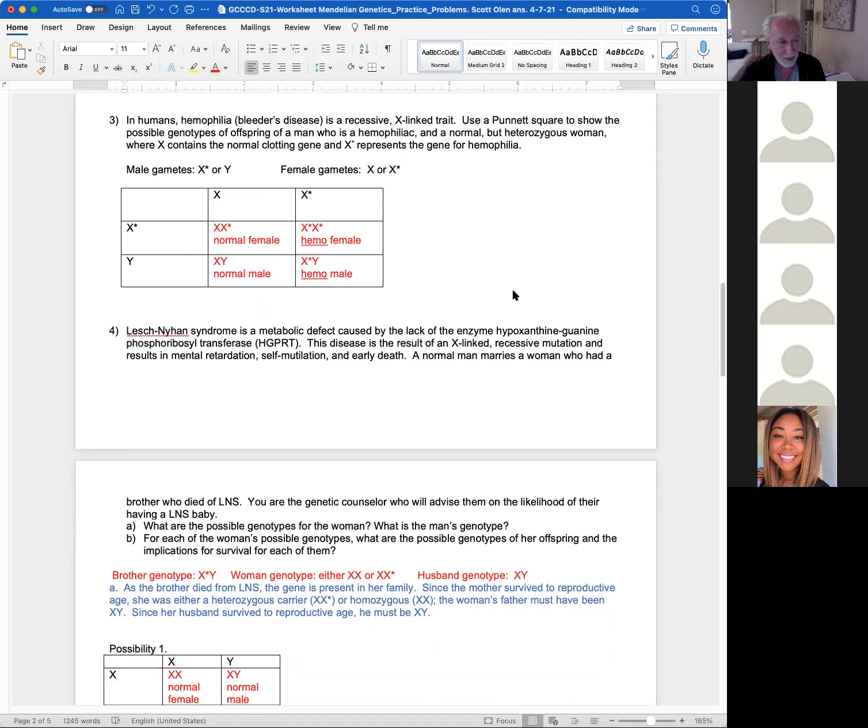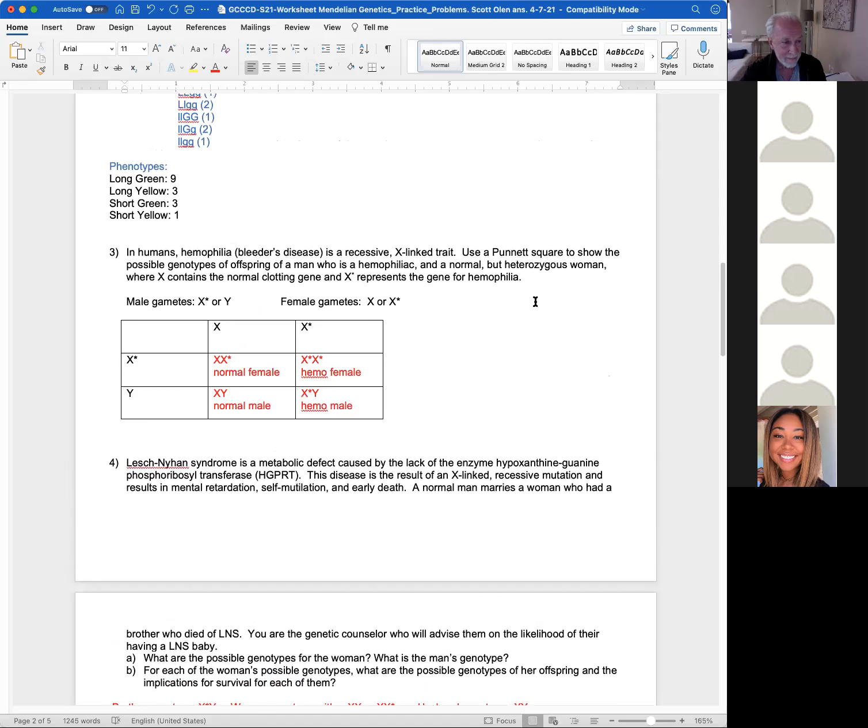Any questions about that? So, Professor, there's no way that the male can be a carrier. He's either going to have it or normal. There's no carrier male. That's correct. And that's an important point, a distinction between a carrier and someone with the trait. A carrier is not sick.